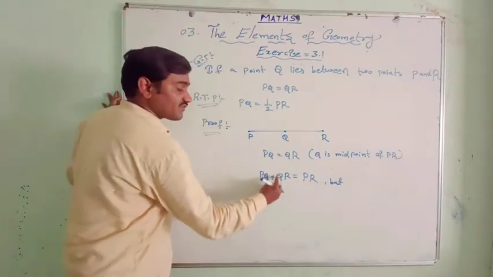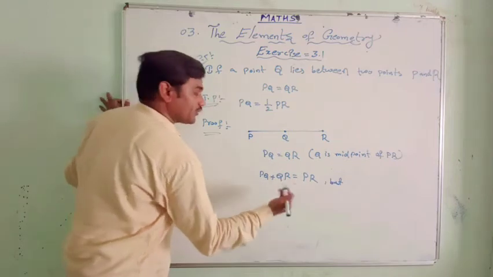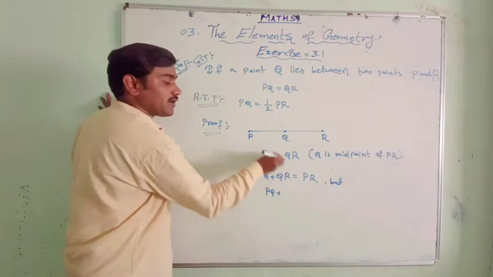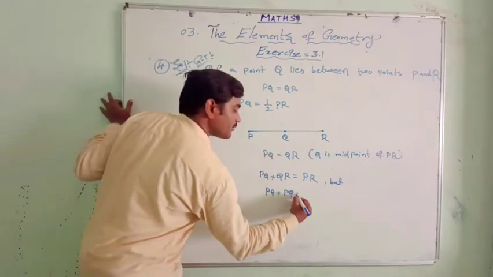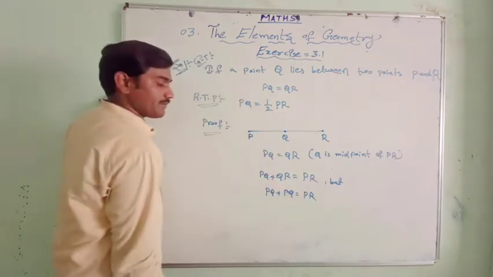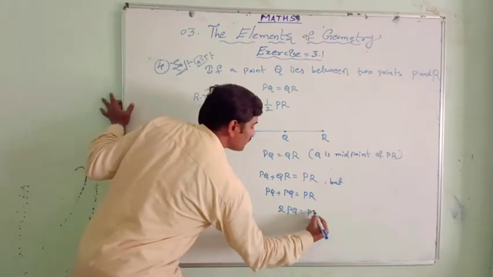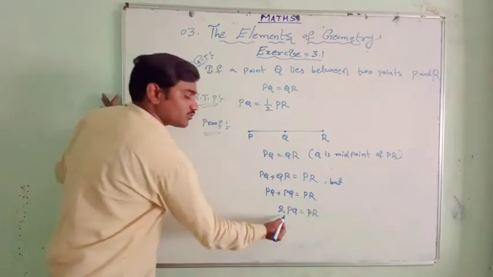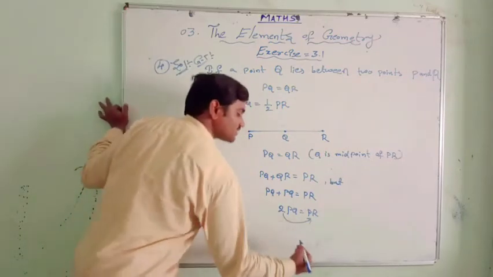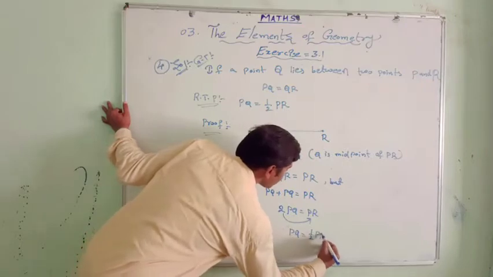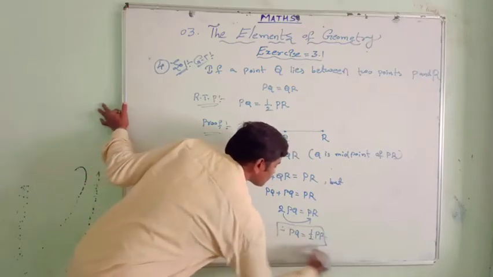That means instead of QR, I'll put PQ here, since QR is equal in length to PQ. So here also I'll write PQ, that is equal to PR. So PQ plus PQ, that is 2 PQ, is equal to PR. Here 2 is multiplying PQ, so you transfer it and it becomes a divide. So PQ is equal to 1 by 2 of PR. Hence proved.